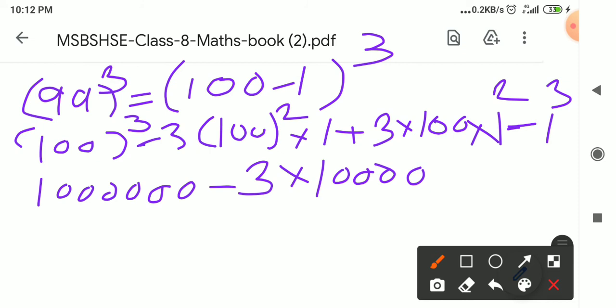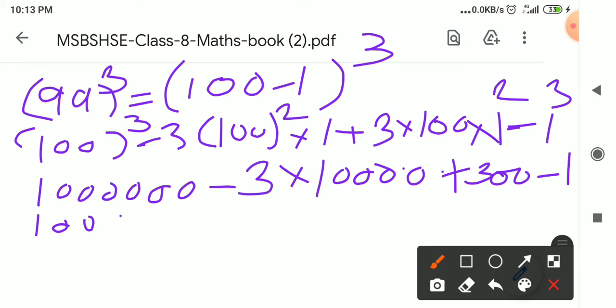Into 1 means its value is the same, plus 3 into 100, 300, and 1 square is 1 only. So here it is 300 minus 1. You just solve this, you will get the required answer.